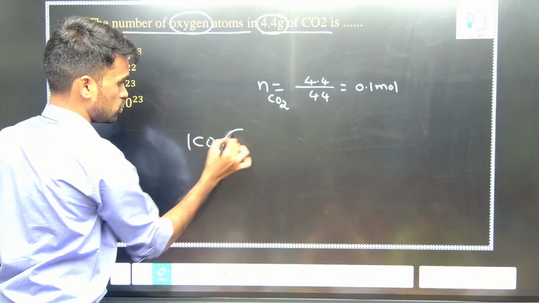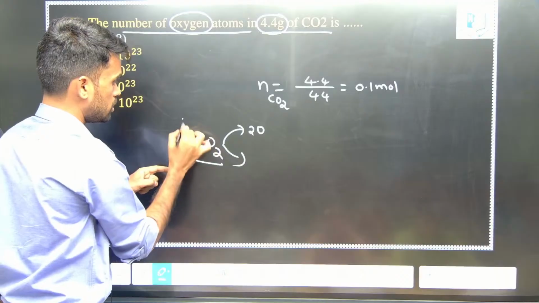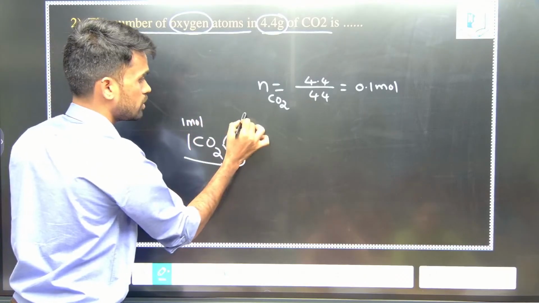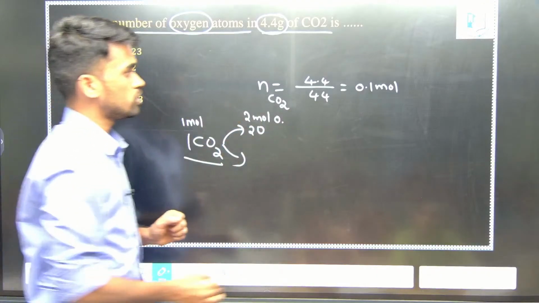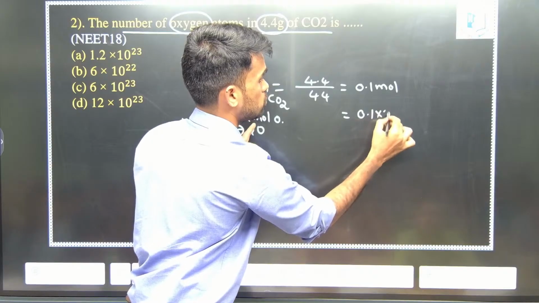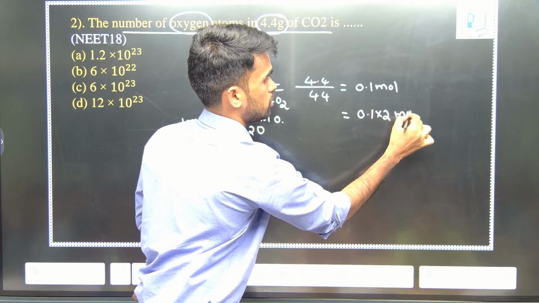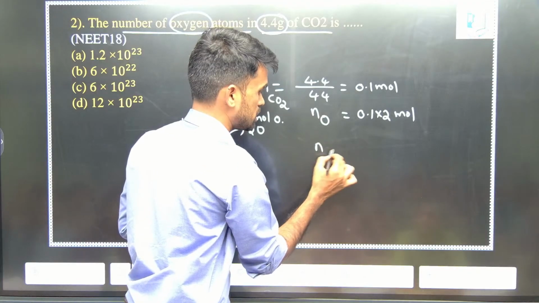In 1 CO2, how many oxygen atoms are there? 2 oxygen. If it is 1 mole, it will be 2 moles of oxygen atoms. Yes or no? So here how many moles did they mention? 0.1. So it means 0.1 into 2. This will be the number of moles of oxygen atoms we got.